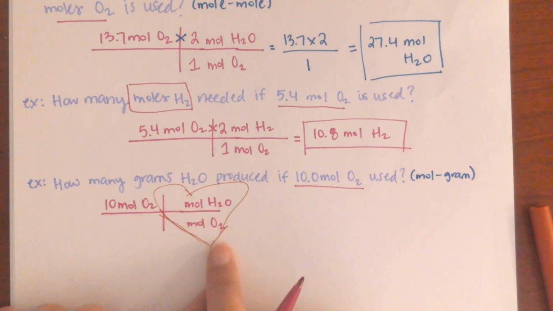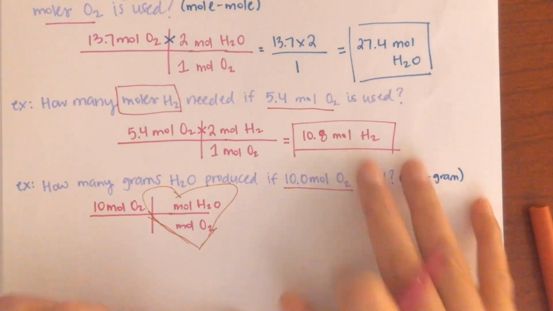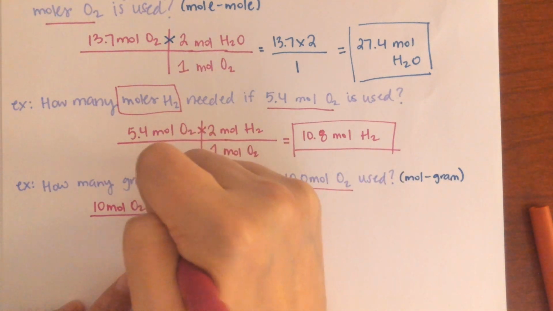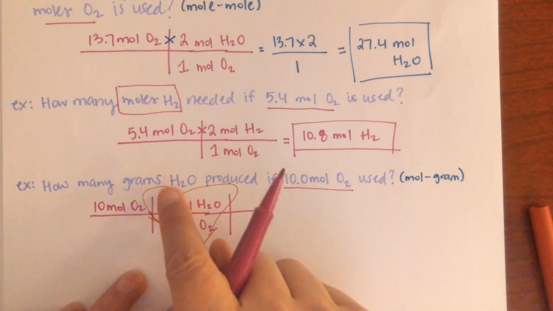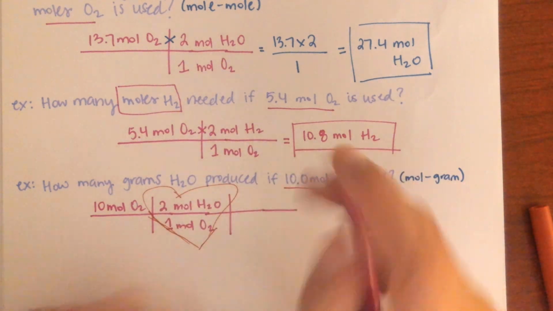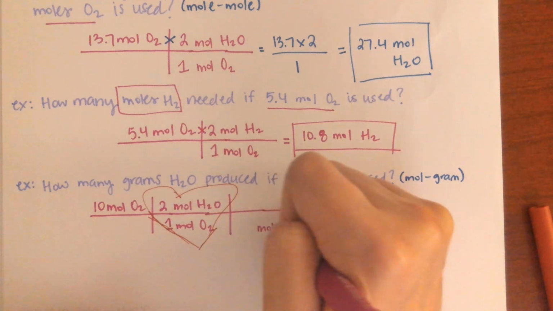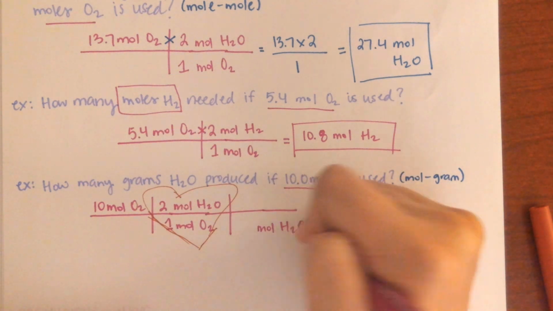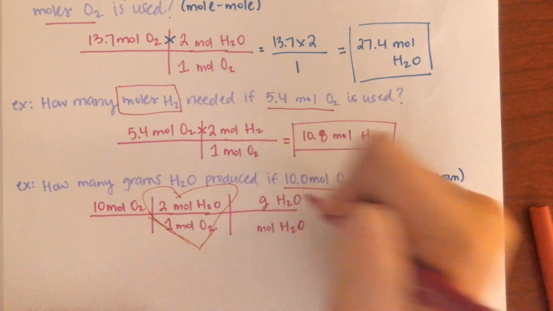So now that we have our mole to mole, we use our mole ratios here. I have 1 mole O2 and then 2 moles H2O. And then we keep on going where we need to find grams. Now we do mole of H2O. Pull that down here, mole H2O. Alright, and then we are looking for grams, so that goes on top.